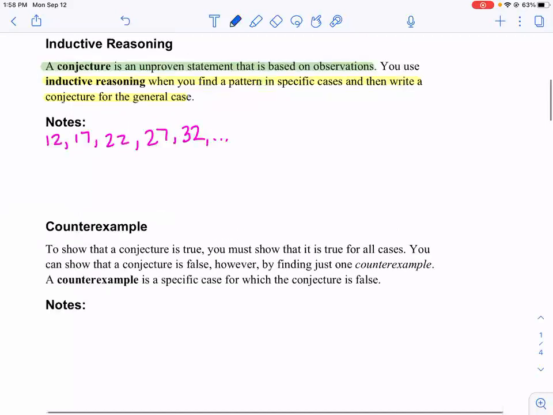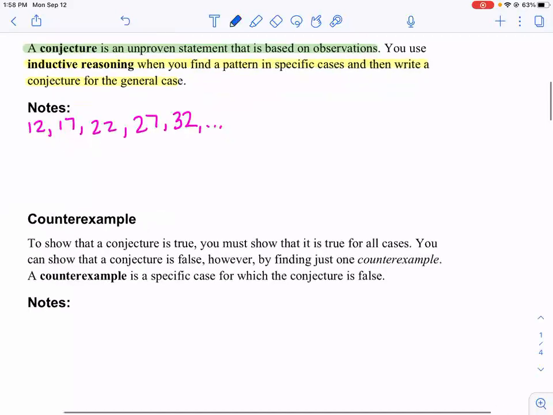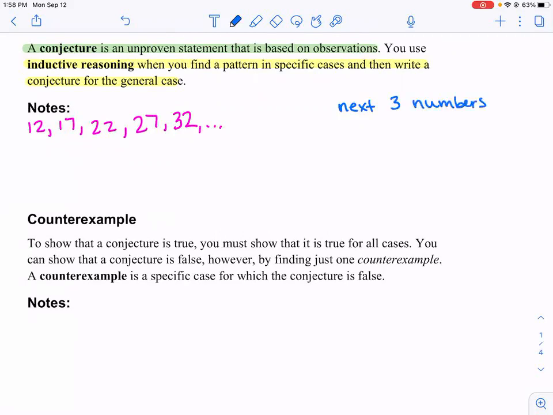Okay, so here I have a pattern: 12, 17, 22, 27, 32. I want you to silently think about what the next 3 numbers in our pattern would be. Raise your hand if you think you know.